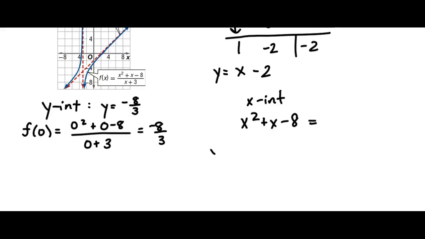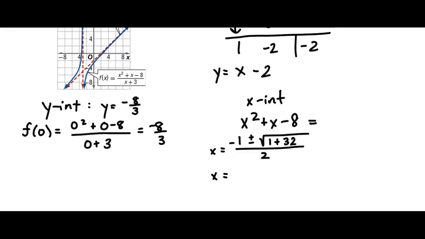So x equals the opposite of b, so -1, plus or minus the square root of b squared, which is 1, minus 4 times 1 times -8. So 4 times 1 times -8 is -32, so we end up having plus 32 over 2a, which would be 2 times 1, or 2.